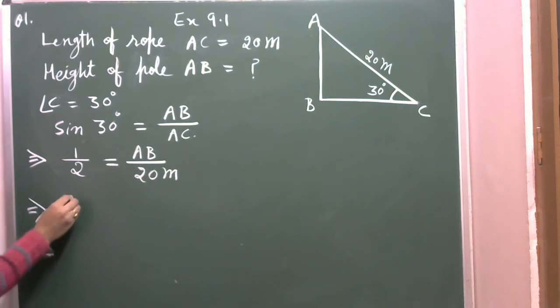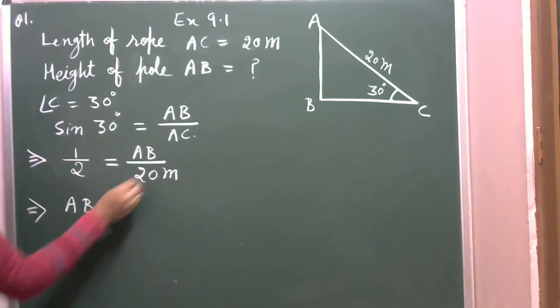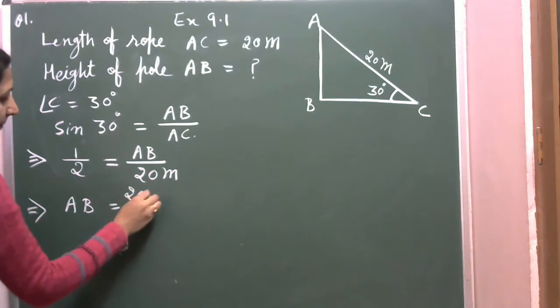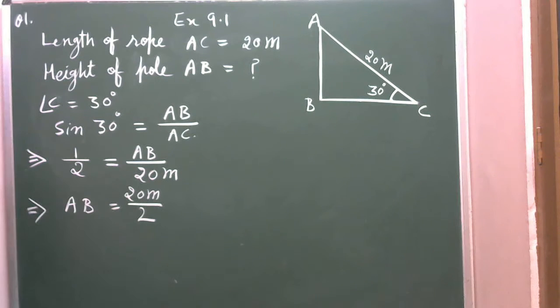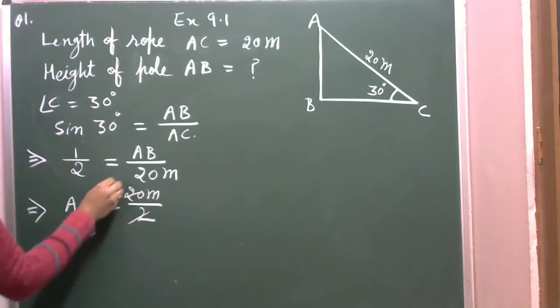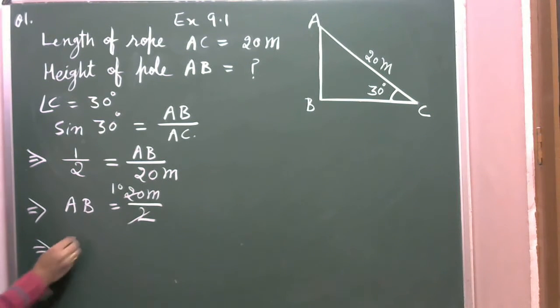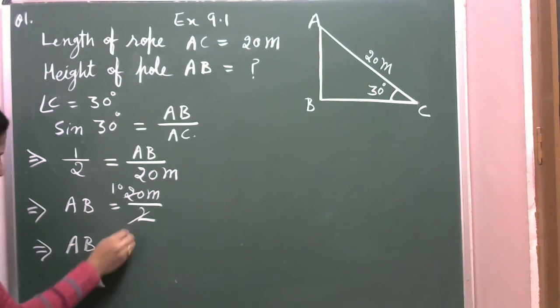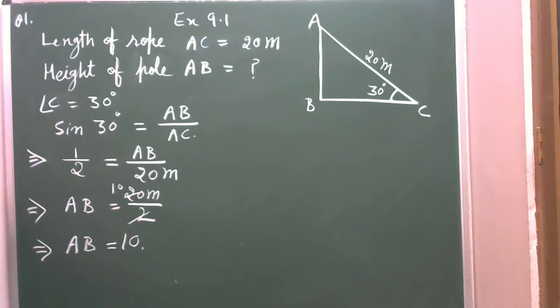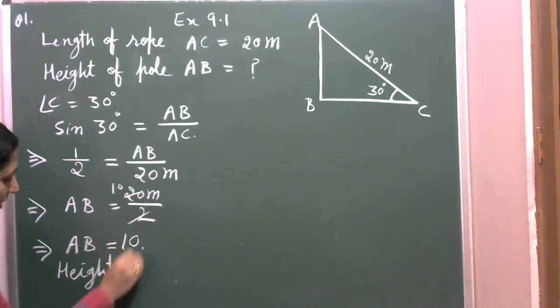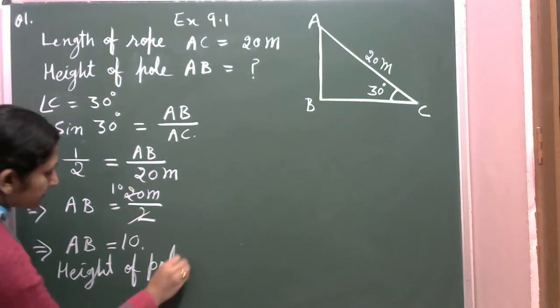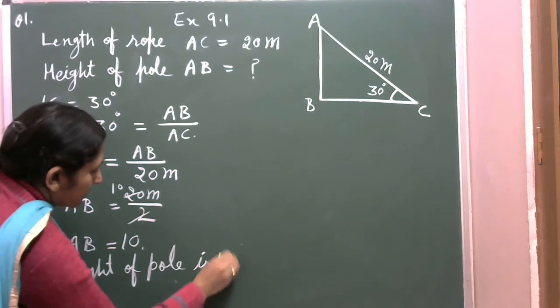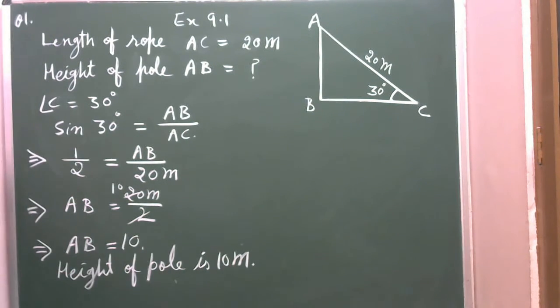So from here we can say AB is equal to 20 meters over 2. After cutting it, AB is equal to 10 meters. So you are asked the height of the pole. So the height of the pole is 10 meters.